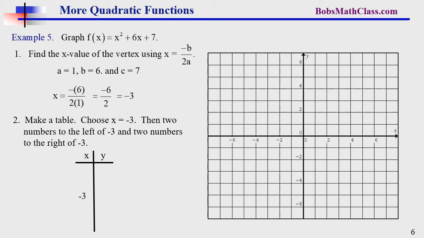So to the left of negative 3 would be negative 4, negative 5. To the right of negative 3 would be negative 2, negative 1. Okay, pause the video, plug that into your calculator. Now we could plot our coordinates and draw the graph. This parabola opens up because the value in front of x squared was positive, a 1.